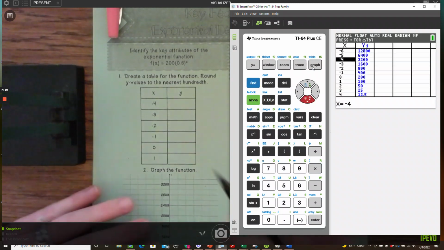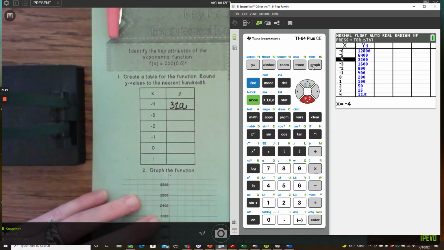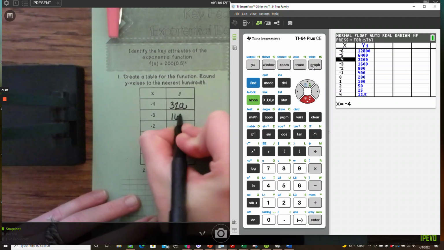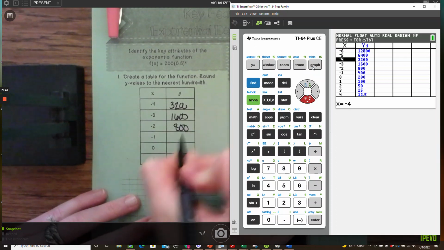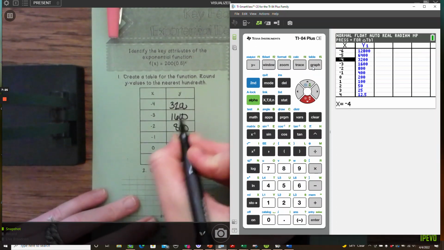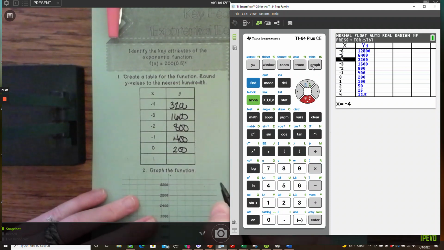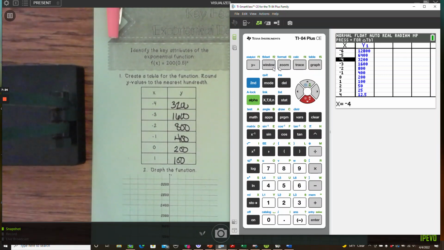At -4, y is 3200. At -3, it's 1600. At -2, it's 800. At -1, it's 400. You can see it's being cut in half on this one. 0 is 200, and 1 is 100.